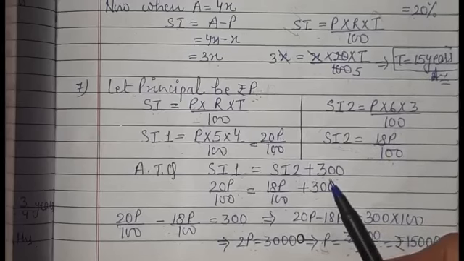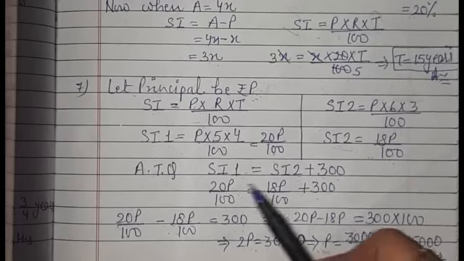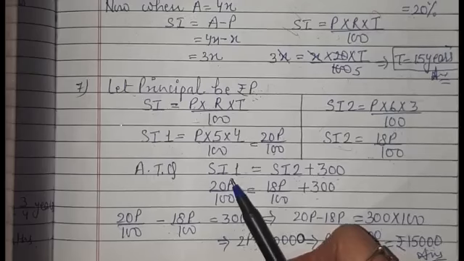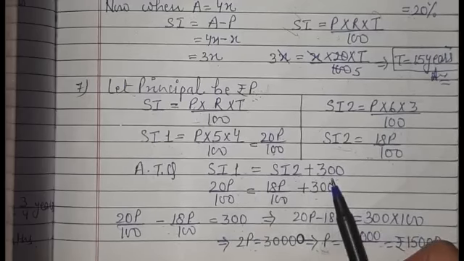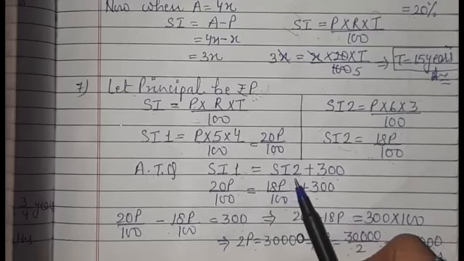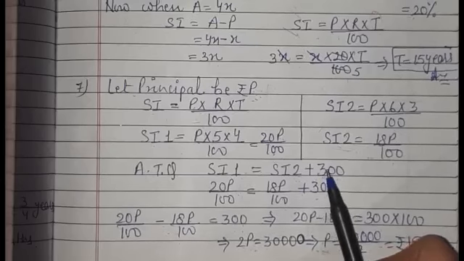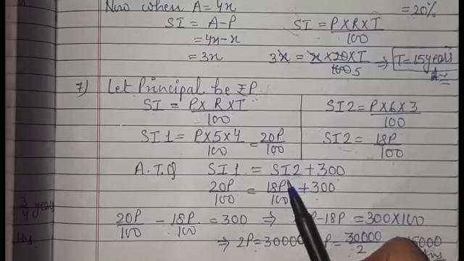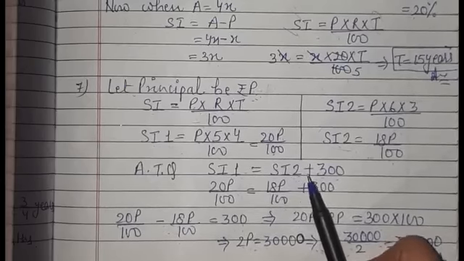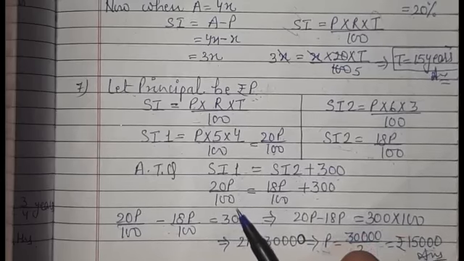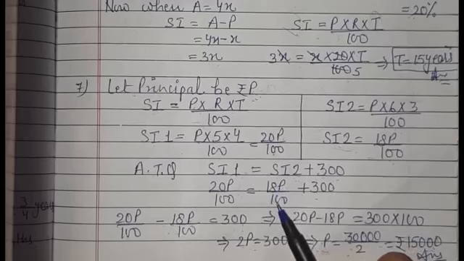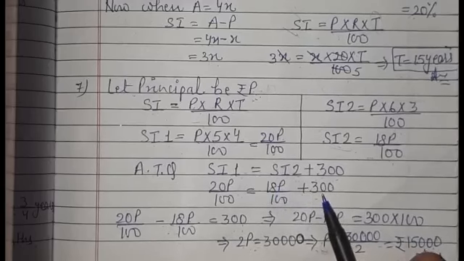Now they are saying simple interest in the first case will be 300 more than that of the second case. So when we balance the equation, 300 should be added to the simple interest in the second case. So the equation will be 20P by 100 is equal to 18P by 100 plus 300.